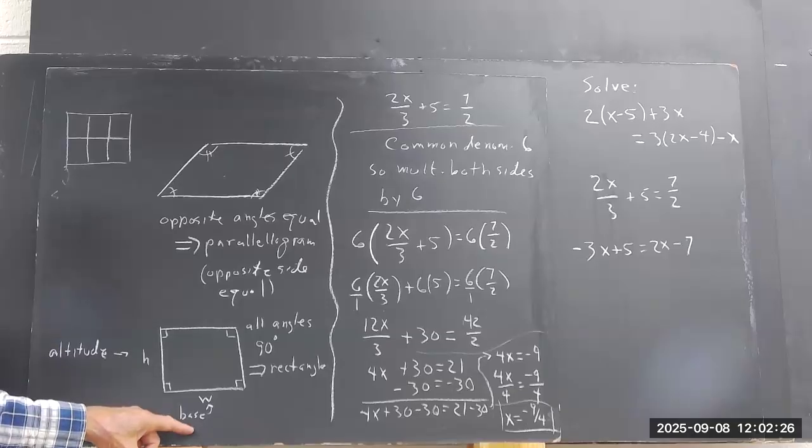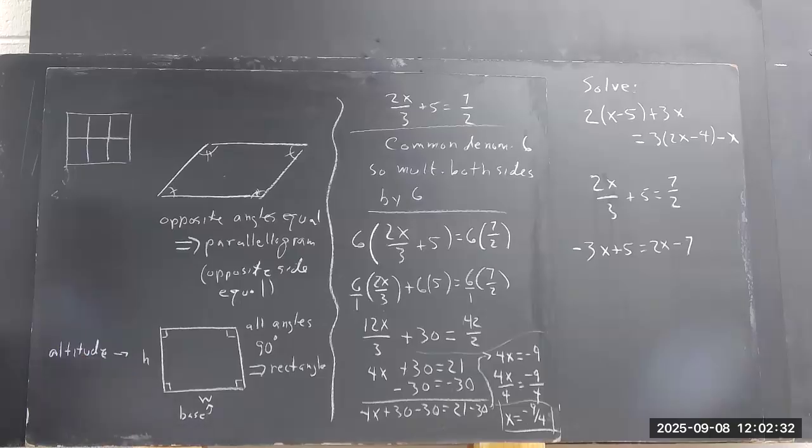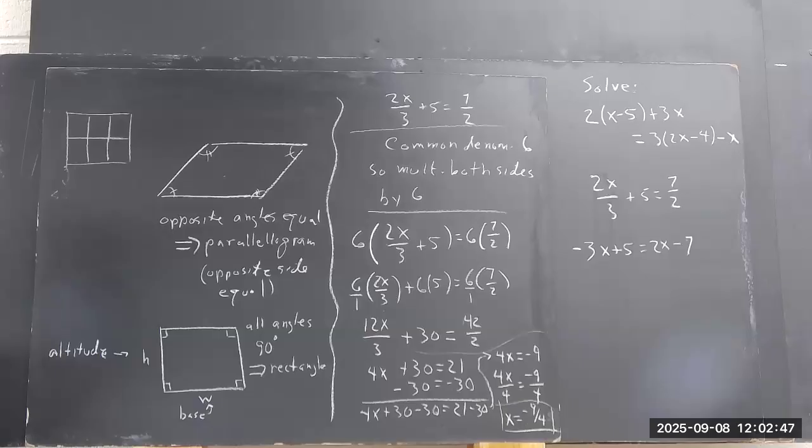What I'm calling the width is the base. Now, if you turn it around 90 degrees, so it's higher than it is wide, you could call this dimension the base and this dimension the altitude. The altitude doesn't have to go up and down. An altitude is between two parallel sides. Okay.